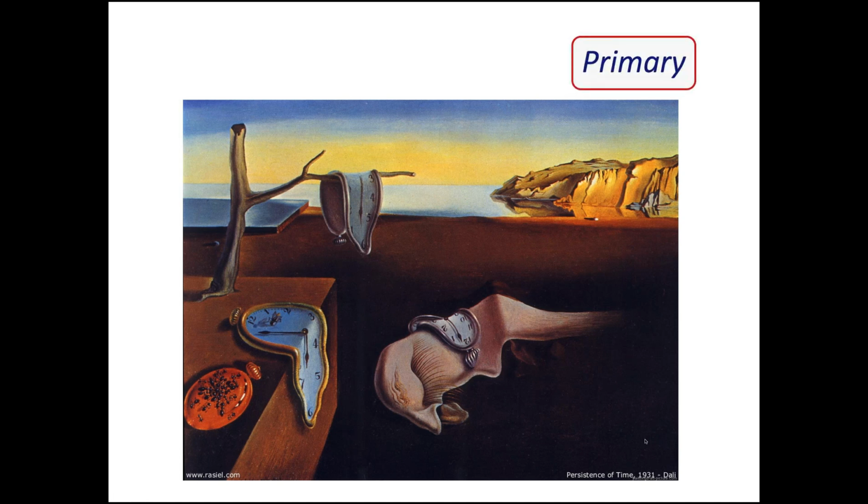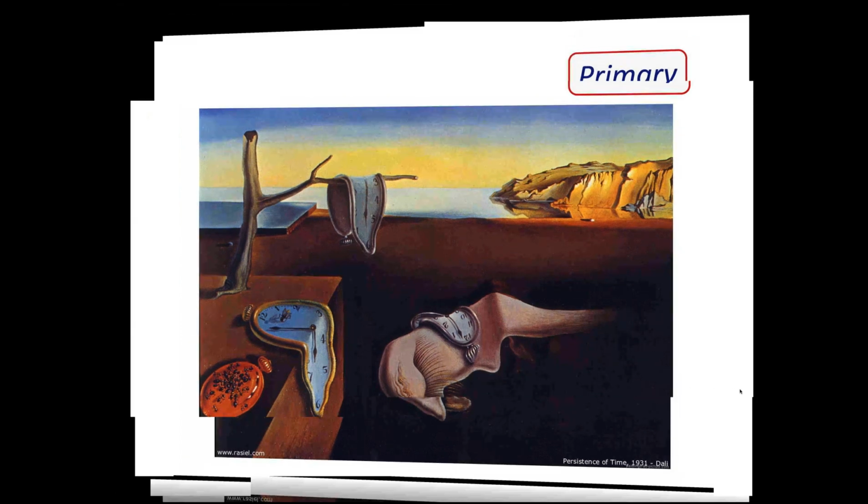So this tends to be primary data, because this painting would have been made by the author at some point in time, and it has not been replicated. This is the only source of data that you get to see, which the painter made in 1931. He made a painting, so that's why it's primary.